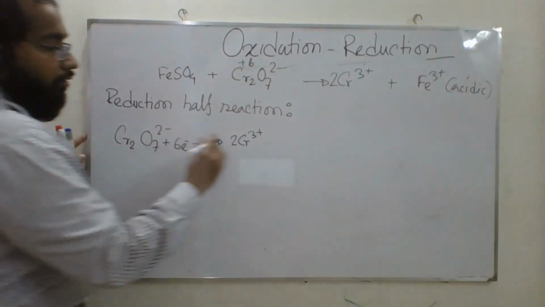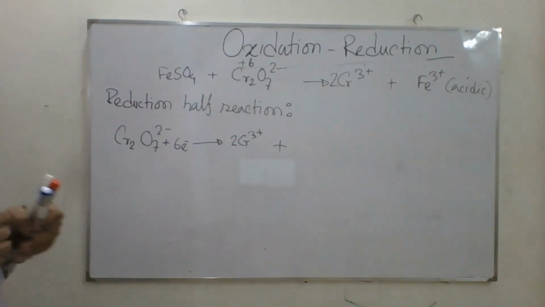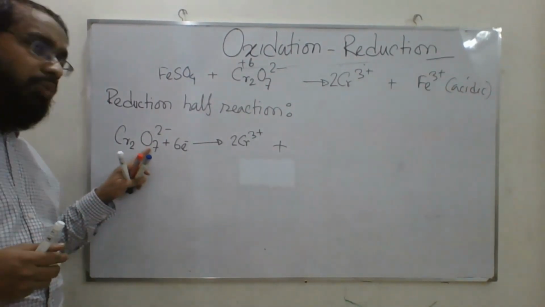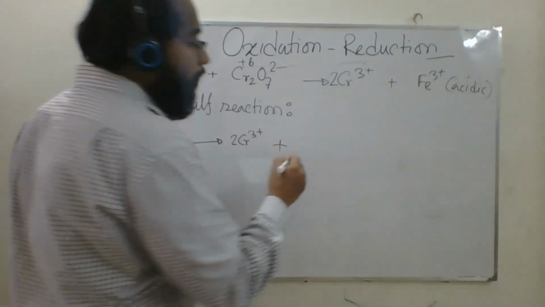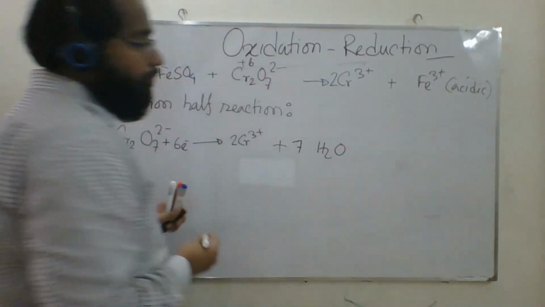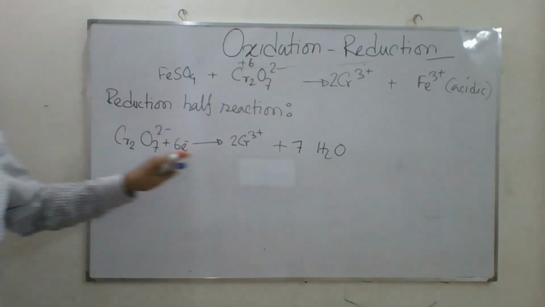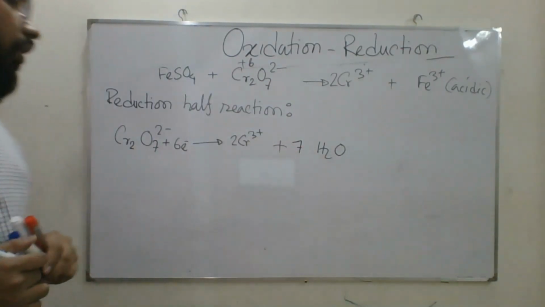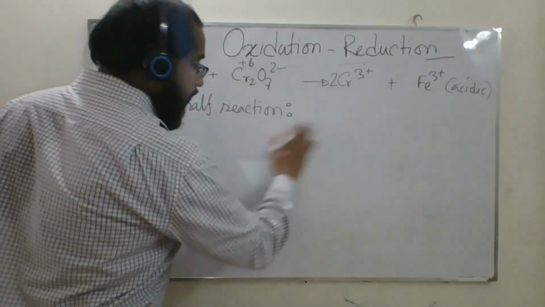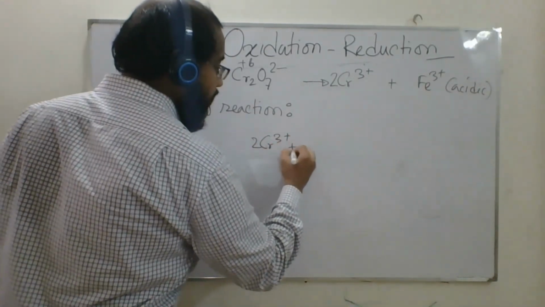Okay, and you always need to remember that in a balancing equation, if there is oxygen like that, it will completely convert to an equal amount of water molecules. So there are 7 oxygens, 7 water molecules. So 2 Cr3 plus plus 7H2O.